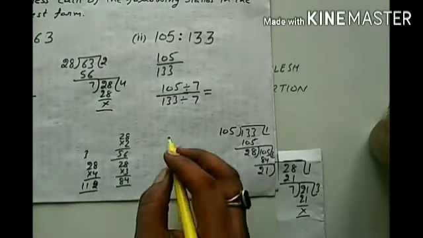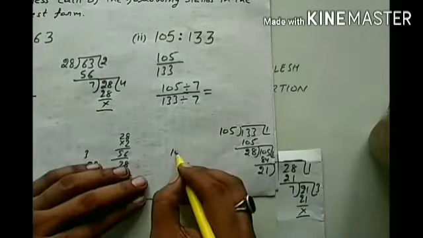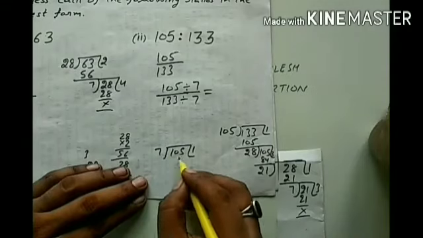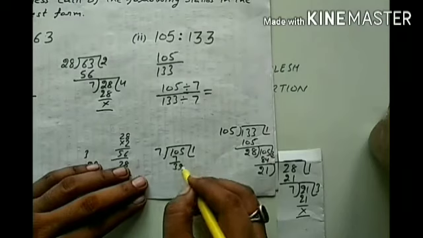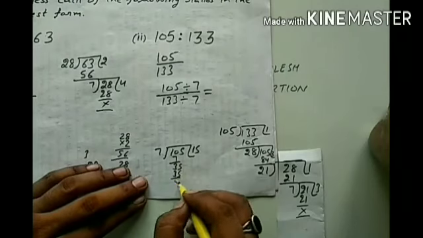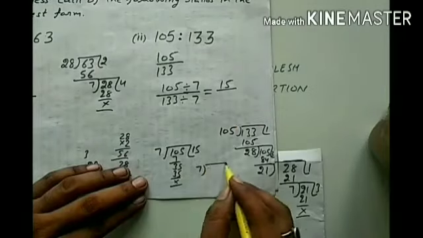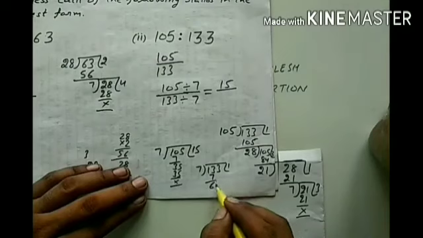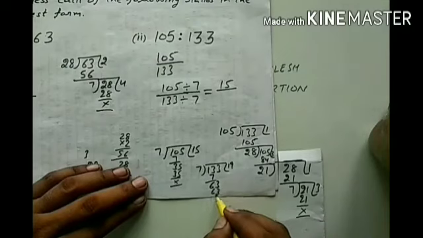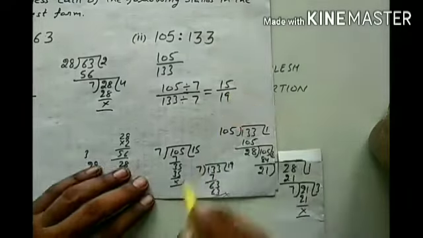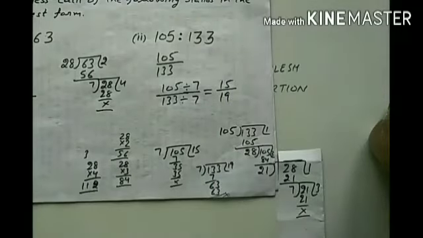Now 105 divided by 7 is 15, and 133 divided by 7 is 19. So the simplest form of this one is 15 by 19.